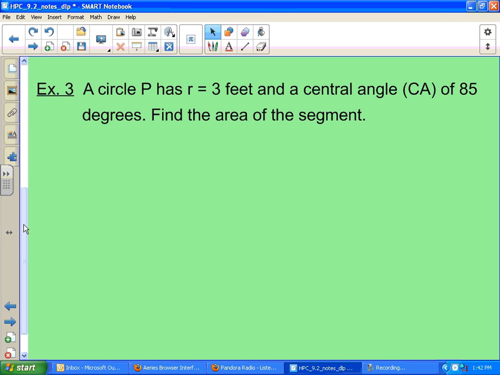Now these could be in radians as well. Either way, you can still work them out. We're going to have to go back and remember formulas from previous chapters that dealt with sectors. So remember we had K equal, all right, who's got it? Who remembers the area of a sector?